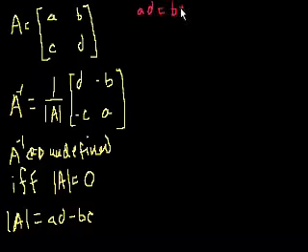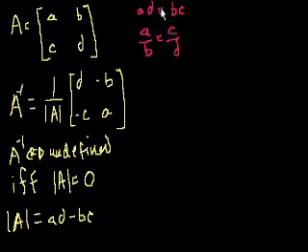is equal to BC, or we can just manipulate things and say if A over B is equal to C over D, right? I just divided both sides by B and divided both sides by D. So if the ratio of A to B is the same as the ratio of C to D, then this will have no inverse.